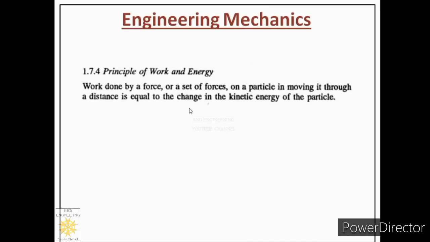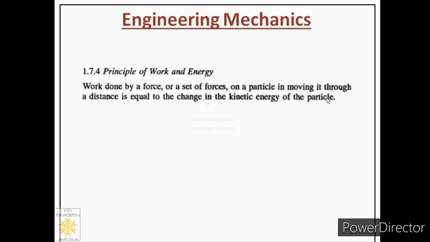Next is the principle of work and energy. Work done by a force or set of forces on a particle in moving it through a distance is equal to the change in kinetic energy of the particle. Suppose we have a body with some initial kinetic energy, let us say T1. Suppose we apply some forces on the body and because of those forces the body moves by some distance.